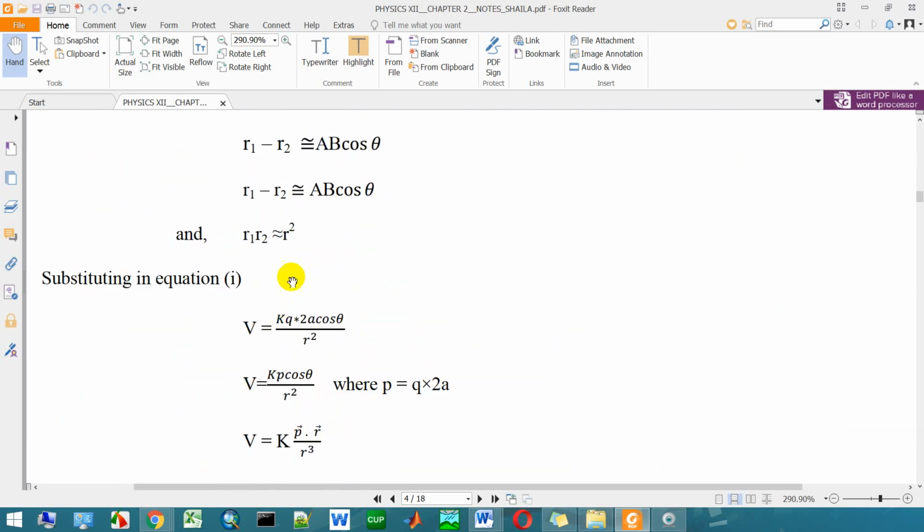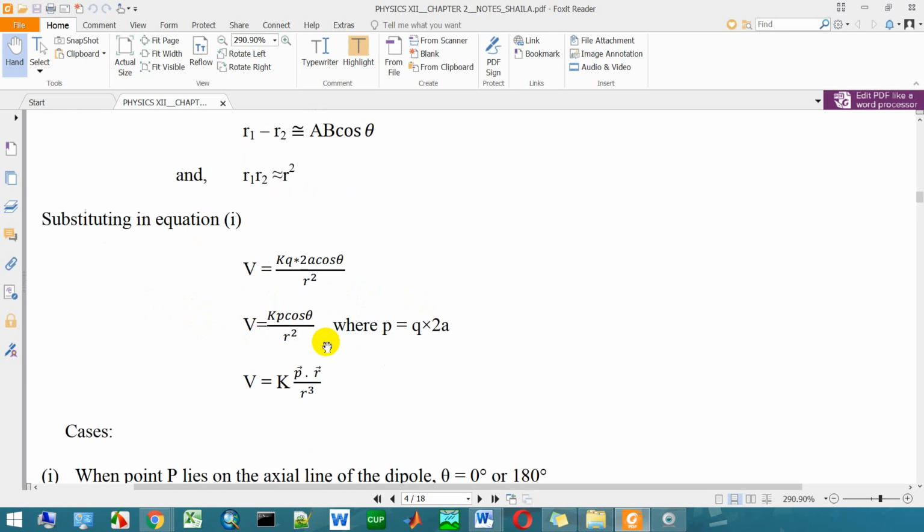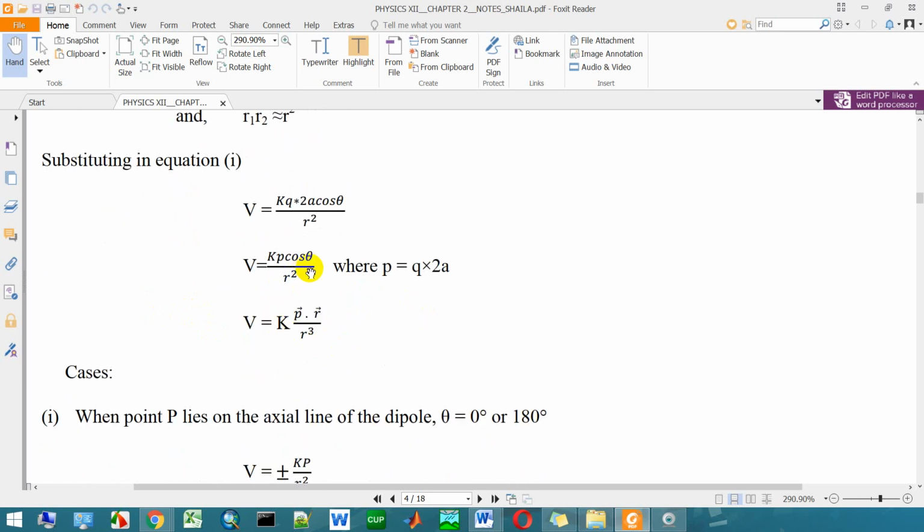So when we substitute here, V comes out as KQ 2A cos theta upon R square. Q into 2A is the dipole moment, which in the first chapter we have learned. Again, Kp cos theta. Cos theta means it's a scalar product, isn't it?